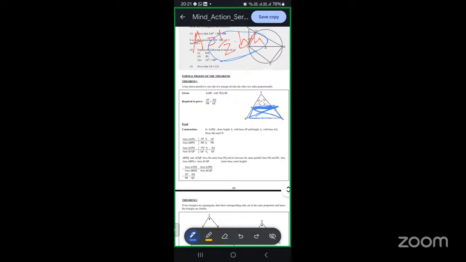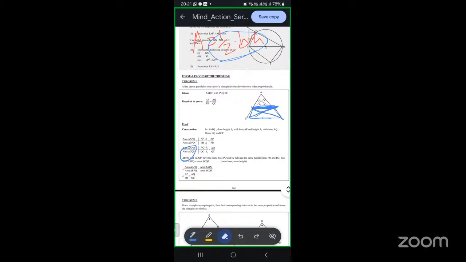Now we can come to this part. The area of triangle APQ over the area of triangle BPQ, you equate that to the area of APQ over the area of CQP.